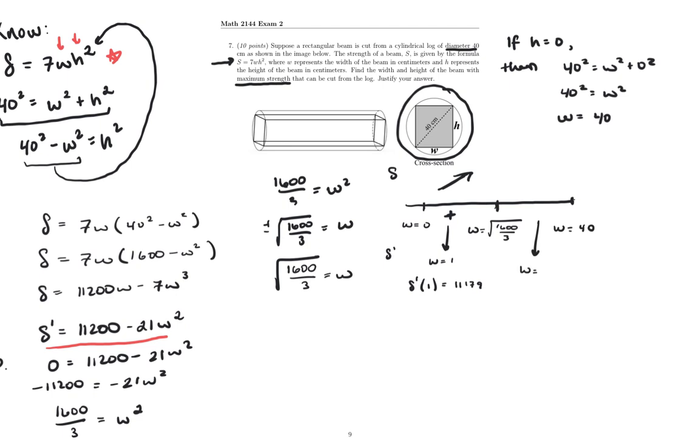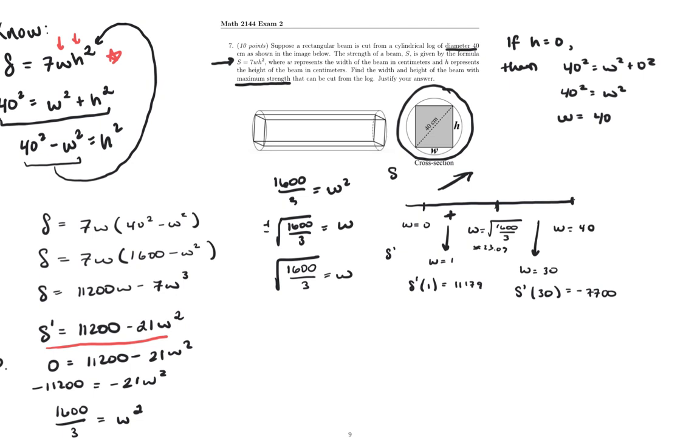And now I do the same thing with this interval. A good testing point would be like 30, because this is approximately 23.09. Okay, so S prime of 30. If I plug 30 into the derivative, I get negative 7,700.